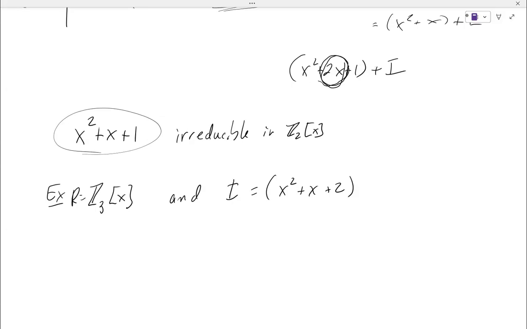First I want to claim that that particular polynomial is irreducible, just like I talked about a little bit before.